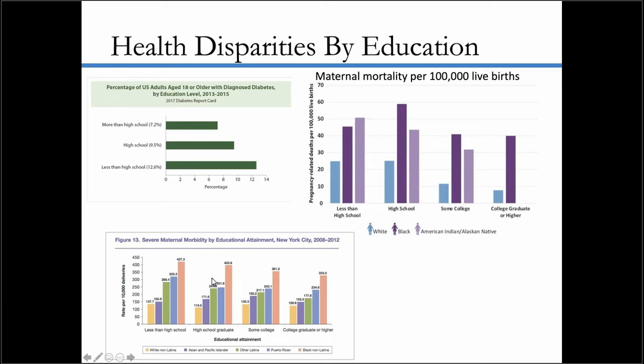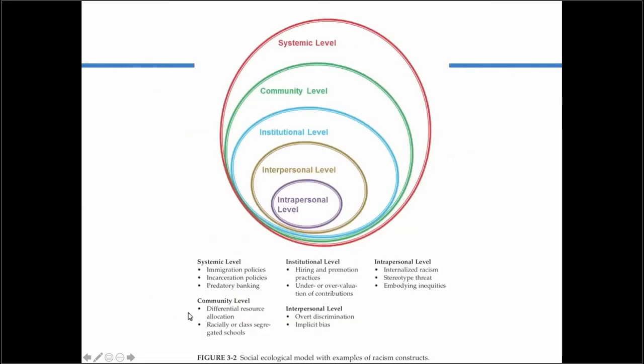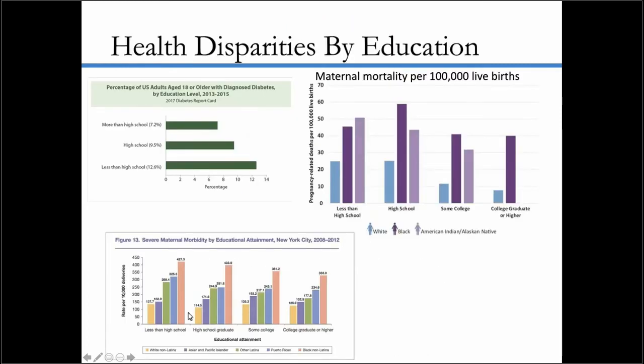We also see this with this bottom figure over here, where we break this down within different racial ethnic groups. We can see that there's a higher rate of severe maternal morbidity, so severe complications from pregnancy, and this is in New York City. When we compare across education levels, there are still higher rates in Black, non-Latina, Puerto Rican, and other Latina and Asian Pacific Islanders when compared to white women.